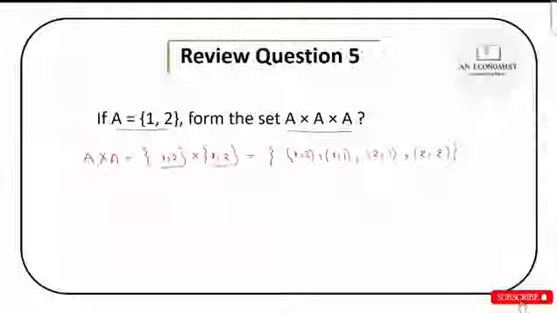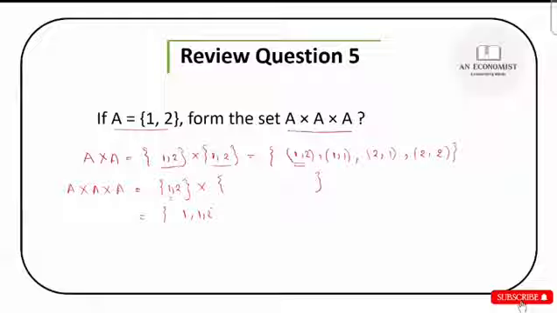And then you need to again take the Cartesian product of 1, 2 cross this entire set. I am not writing it again. So what will this be? Take the first element from here and this, right? So 1, 1, 2, 1 and then this element.